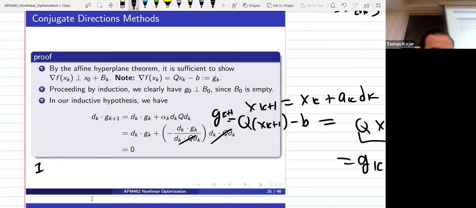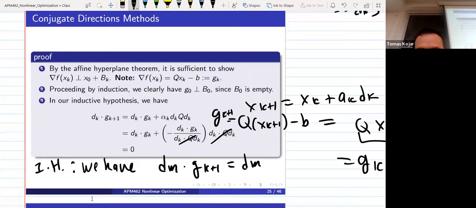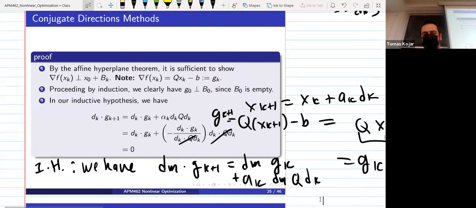By the inductive hypothesis, we have d_m g_{k+1} is equal to d_m g_k plus a d_m q d_k. Can someone tell me why this is 0?